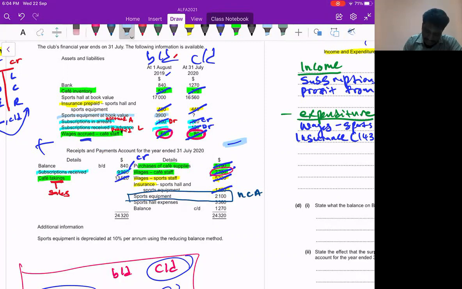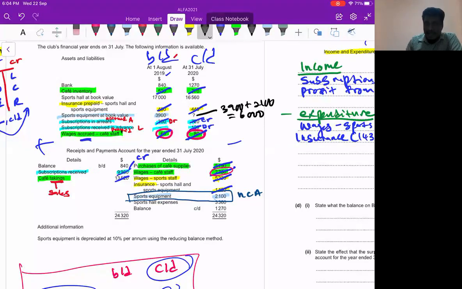If you buy, your equipment will be increased. So how much is your new equipment? Your new equipment is 3,900 plus 2,100. My new equipment is 6,000. Understand or not?